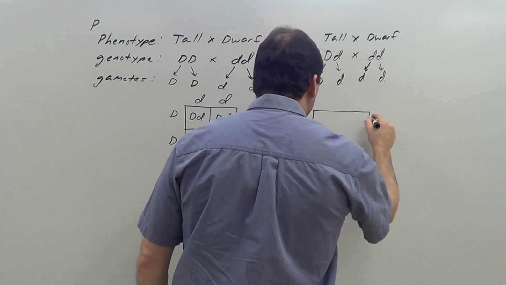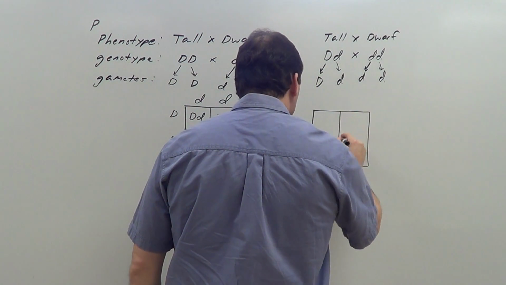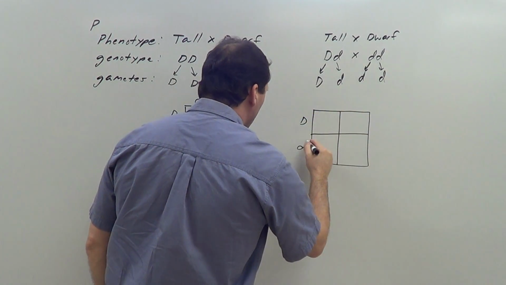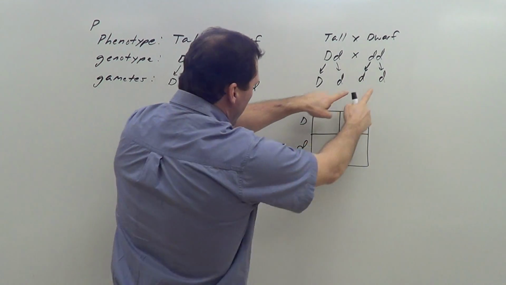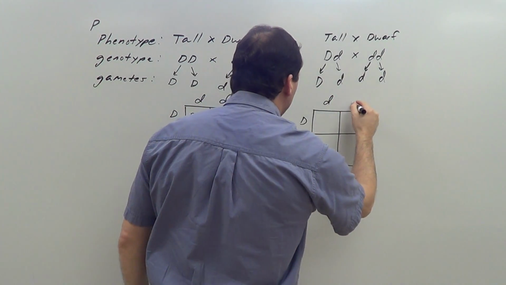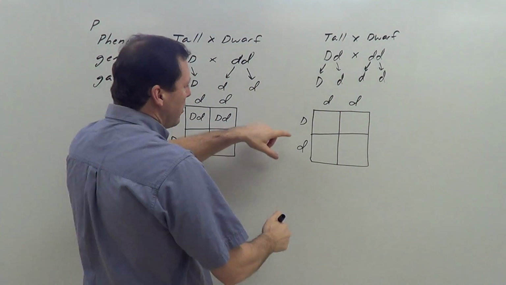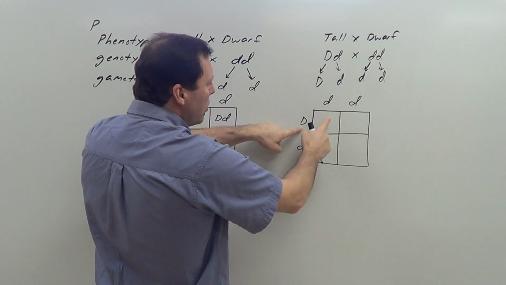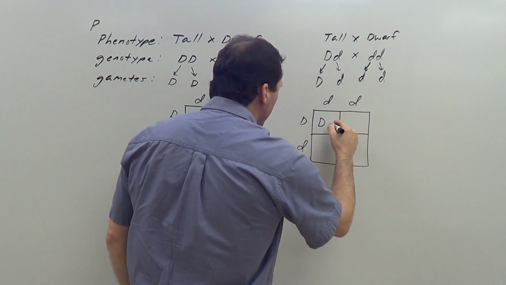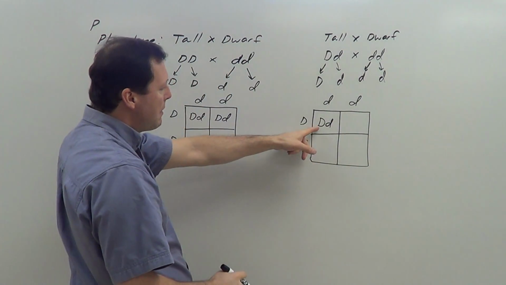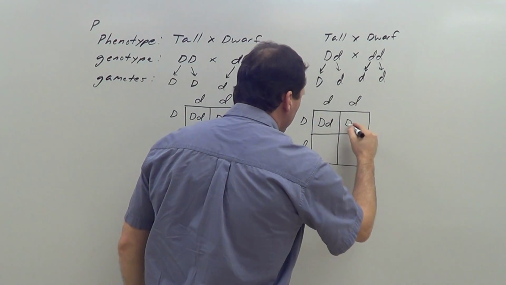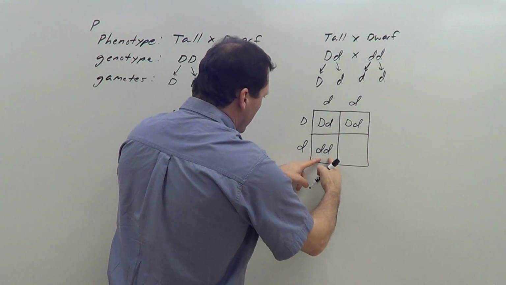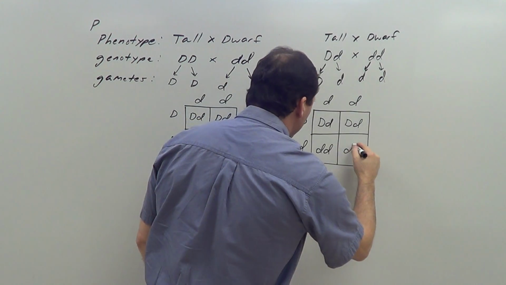Draw my Punnett square. Put my gametes on the side, so capital D, lowercase d, and then lowercase d, lowercase d. Now I say, what if this gamete containing this capital D got together with this gamete containing a lowercase d? The genotype of the offspring would be capital D, lowercase d, and so on: capital D lowercase d, capital D lowercase d, lowercase d lowercase d, and lowercase d lowercase d.